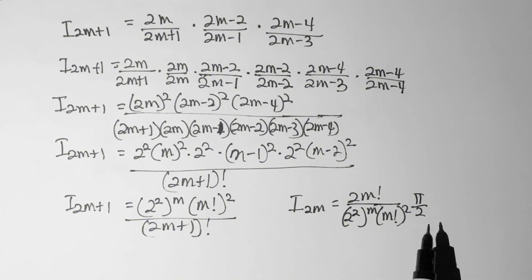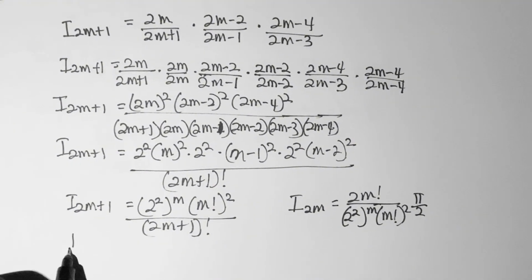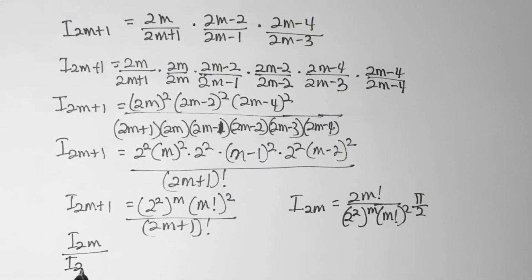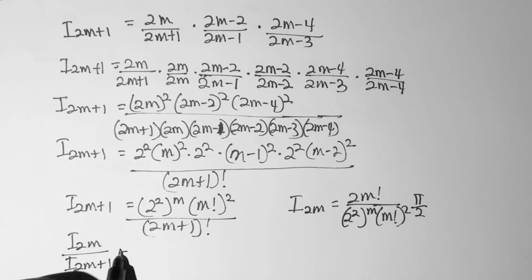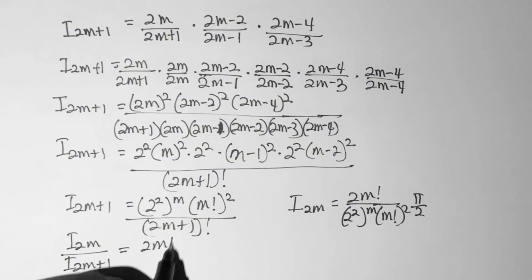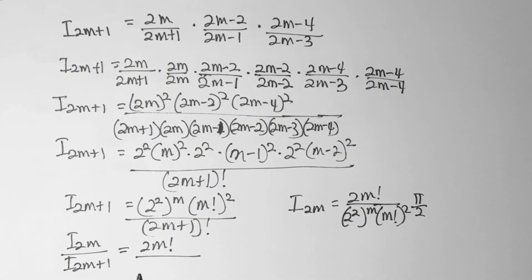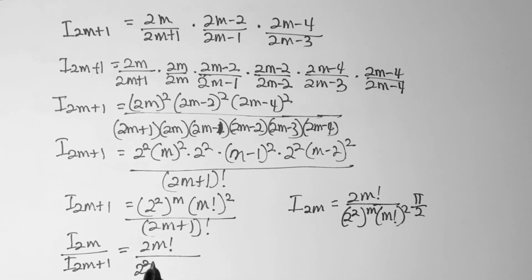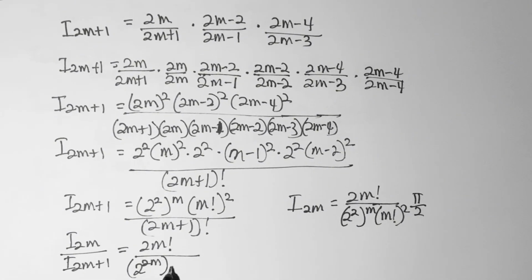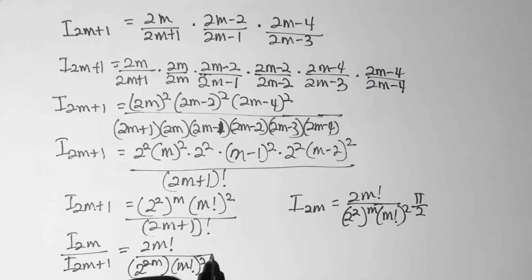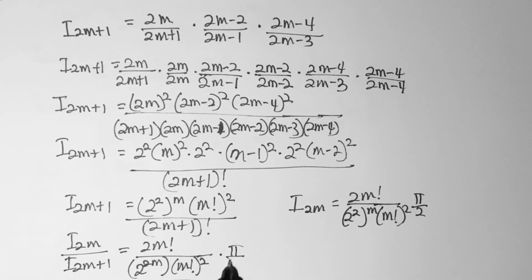So now what we can do is let's find I of 2m divided by I of 2m plus 1. So this is equal to, I of 2m is 2m factorial divided by 2 exponent 2m times m factorial squared, then times pi on 2.